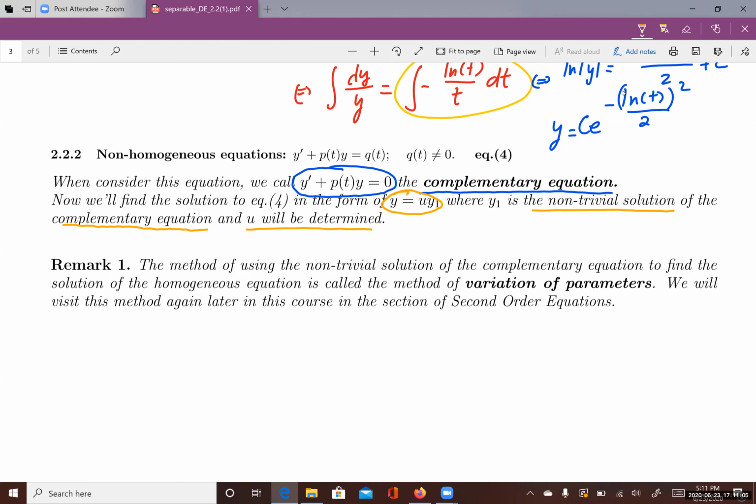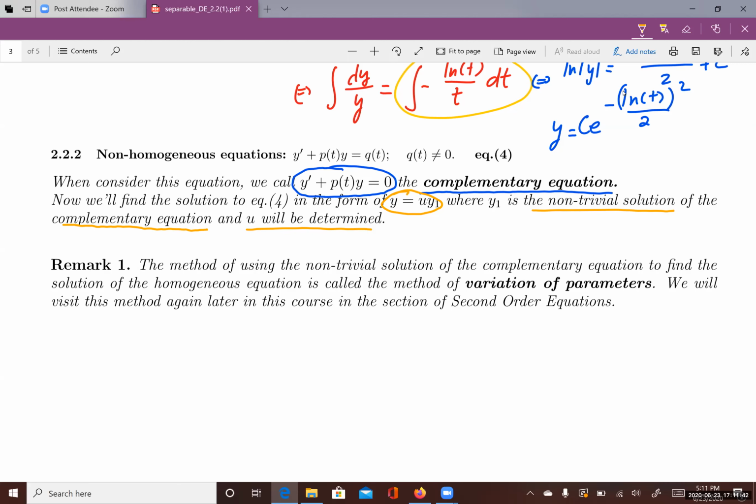You find y1, which is a non-trivial solution of this homogeneous equation. And then once you have y1, you set y, the solution to this non-homogeneous equation, in terms of y1. So we take y1 times u equals y, and u will be determined in a moment.